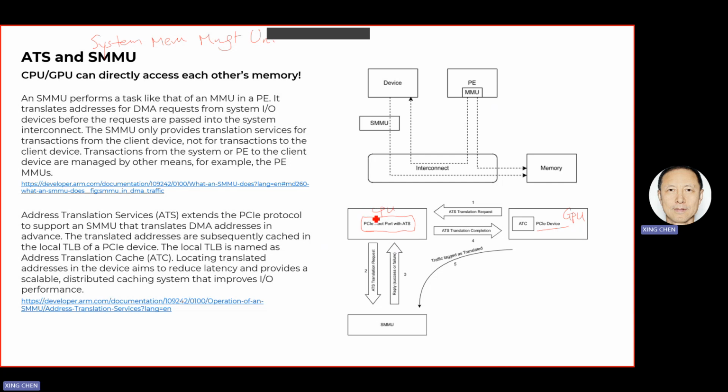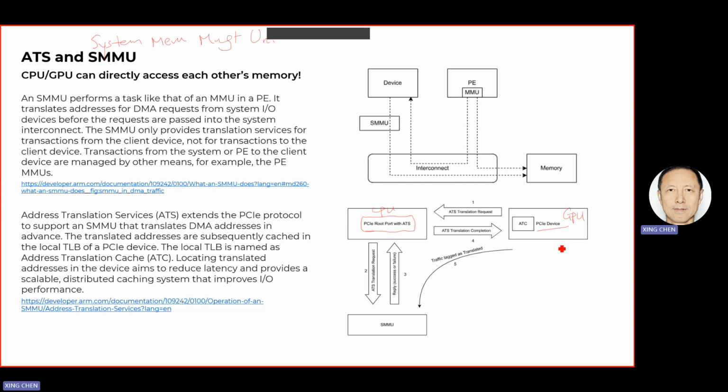For our case, it's located with the Grace CPU. Then, if the PCIe device wants to read the CPU memory, basically, it relies on the ATS service to do the address translation.